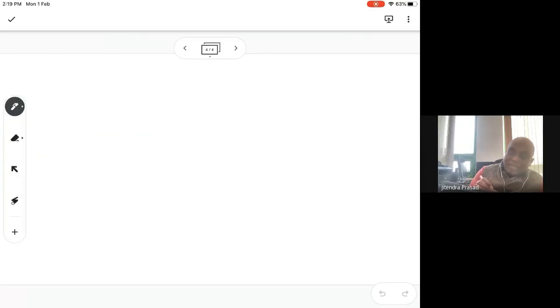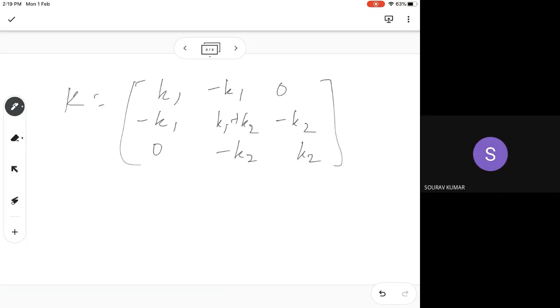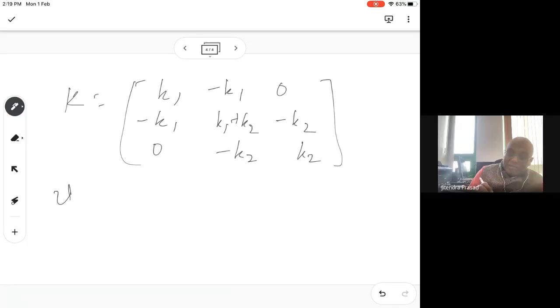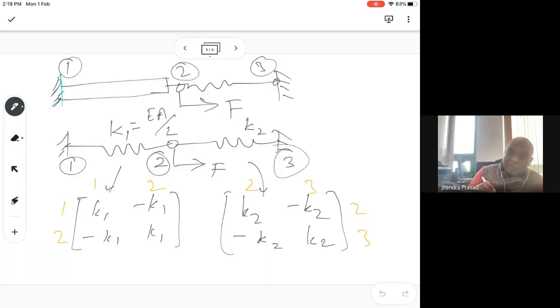You will get K equal to the matrix K1, minus K1, 0; minus K1, K1 plus K2, minus K2; 0, minus K2, K2. The displacement vector U: you have U1 equal to 0, U2 you don't know, and U3 equal to 0.